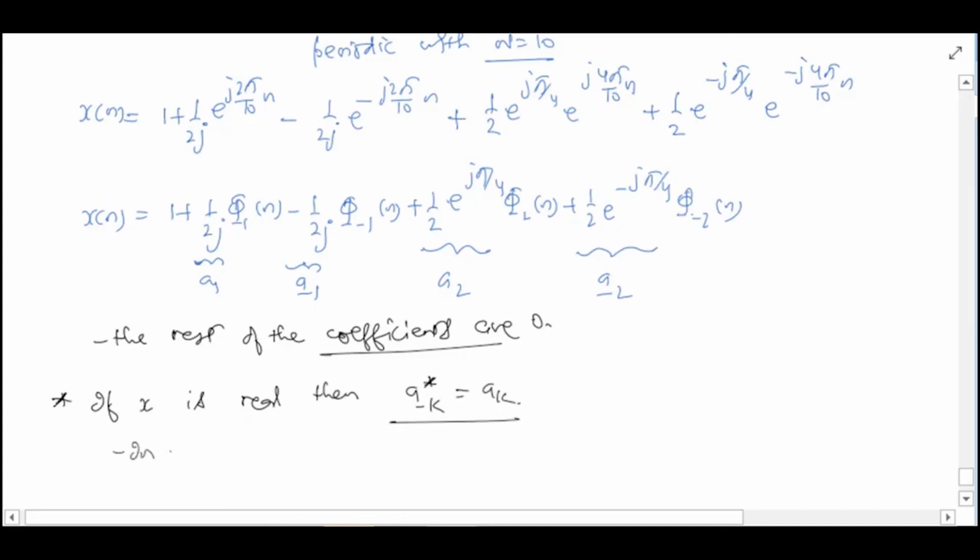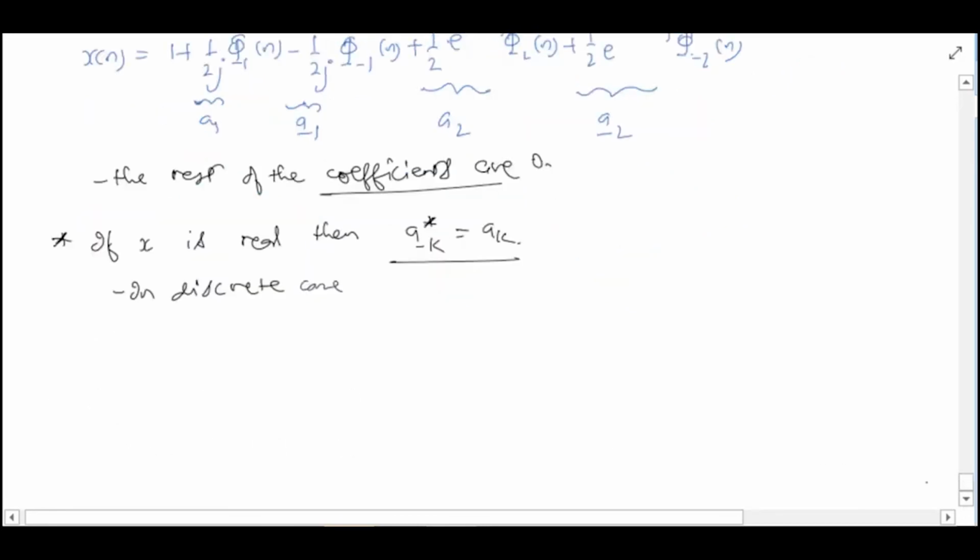Notice that in the discrete case, the Fourier series coefficients are also periodic, they repeat. So a minus k is the same as a N minus k. Combining the above equalities, we obtain that a minus k is the same as a star k. So this is an important property of Fourier series coefficients in the discrete time case.